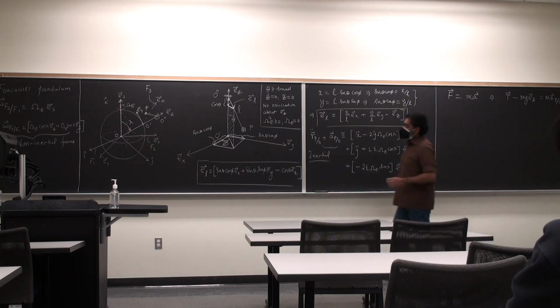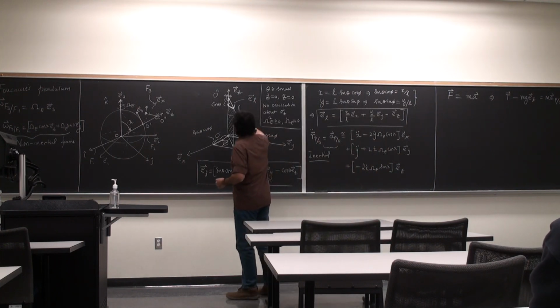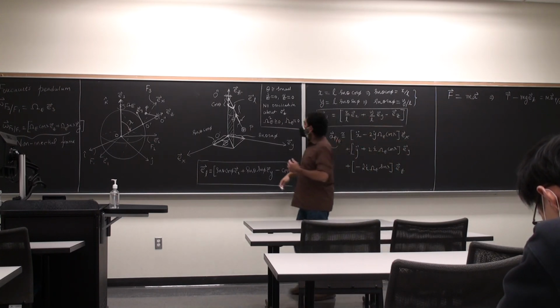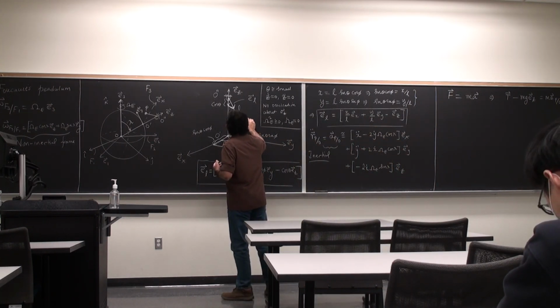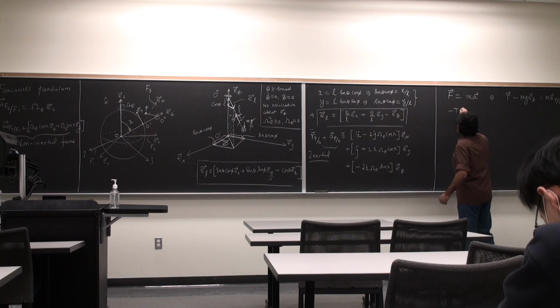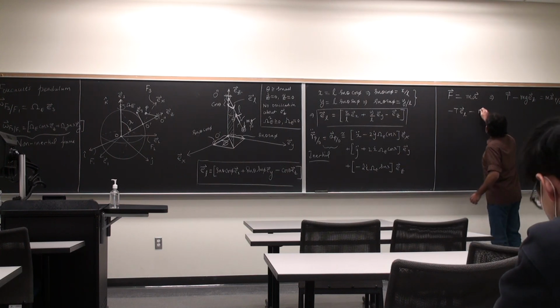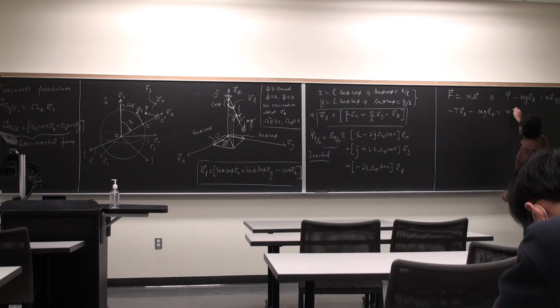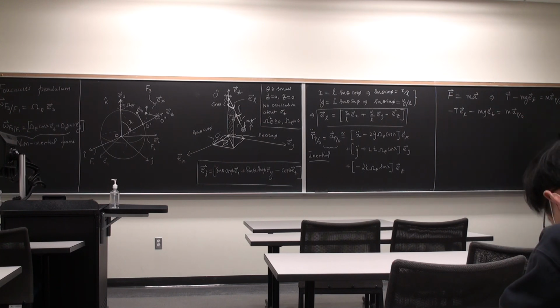Because you are breaking the string off here. So the tension is pointing away from the point where you're cutting it off. Your gravity is acting vertically down. This is mg. This is T. So this is minus T EL minus mg Ez is m times a of P.